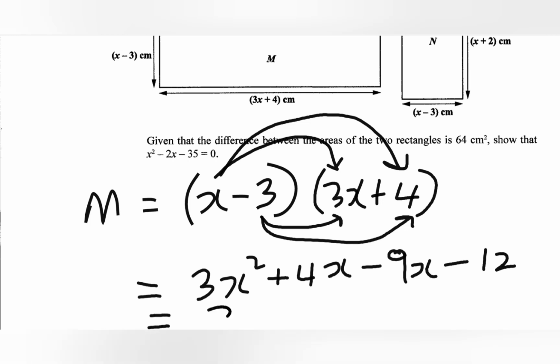It's going to become 3x squared, positive 4x minus 9x will give us minus 5x, and we're just going to have that 12. Therefore, the area of rectangle M is going to be 3x squared minus 5x minus 12.